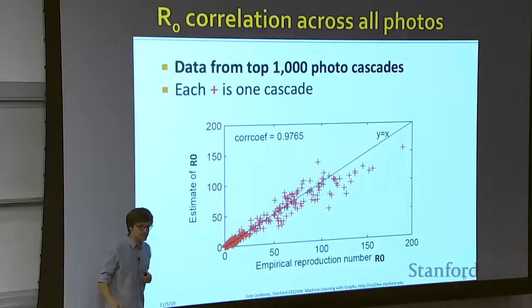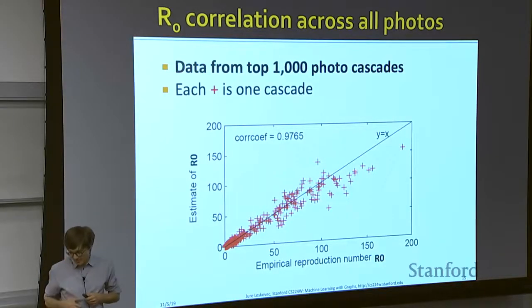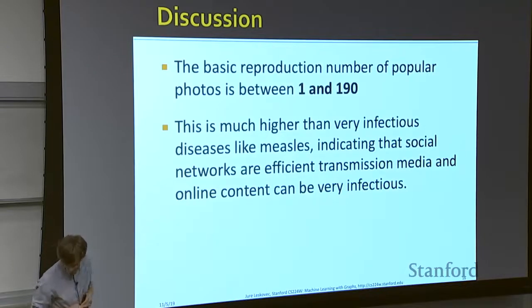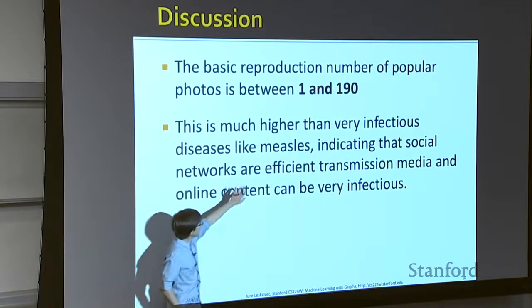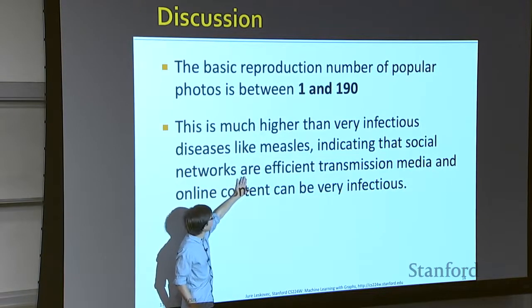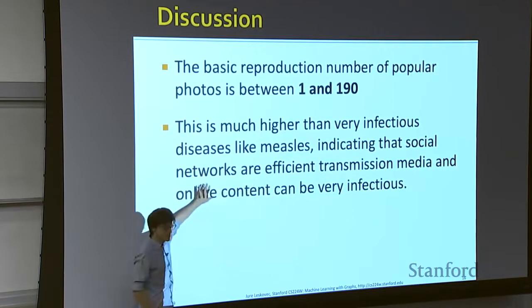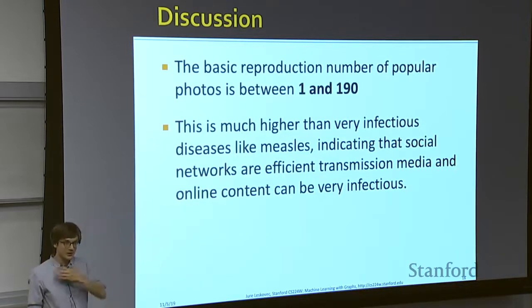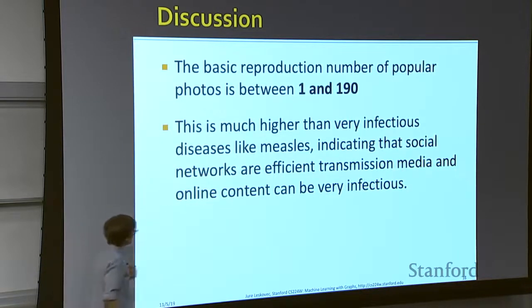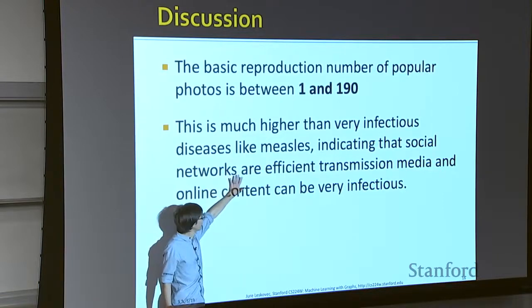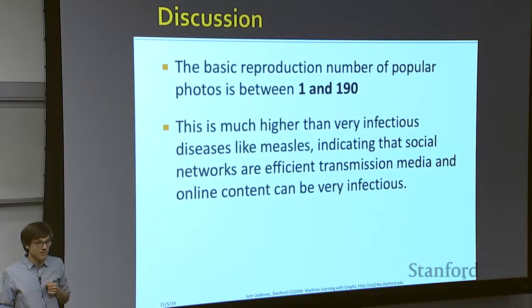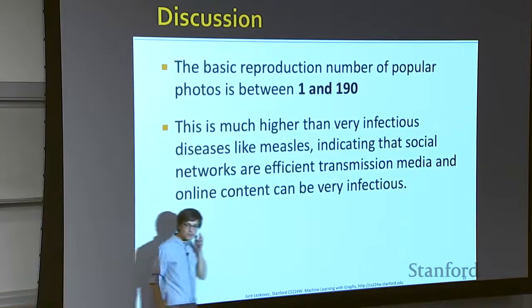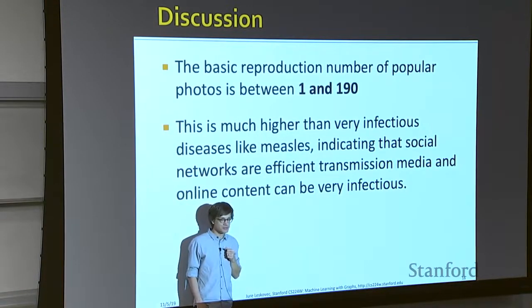That's one of the explanations for why this is happening. And as I said, it's much higher than measles, which also indicates that online social networks are quite efficient at transmission of media and information through their structure. That is also very interesting to think about in terms of, let's say, what's happening with Facebook these days. Okay? So this is what I wanted to say about R0.